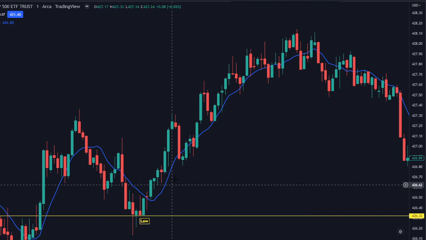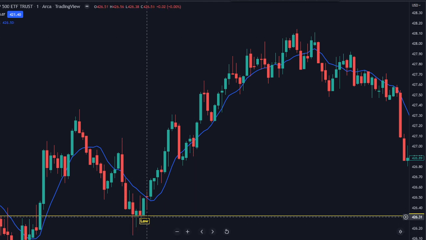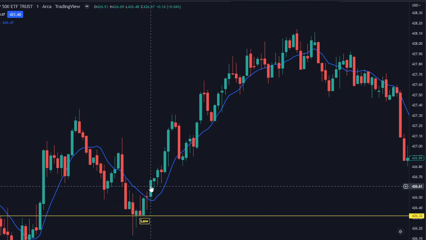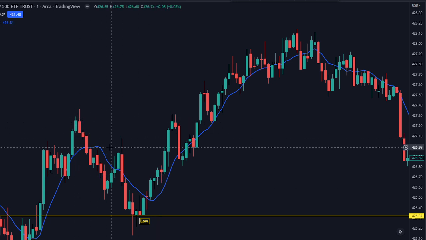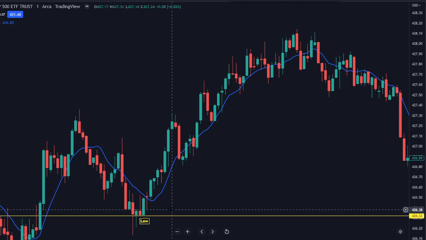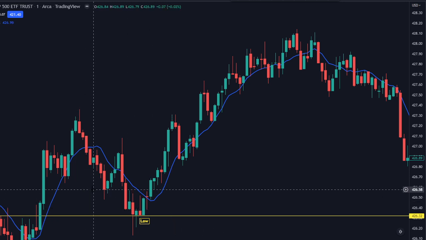So in this case, we're going to trade this uptrend. So we bounced off here. And then what we are expecting right here is a lower high, right? Because we're trending down. This was the last support we had.